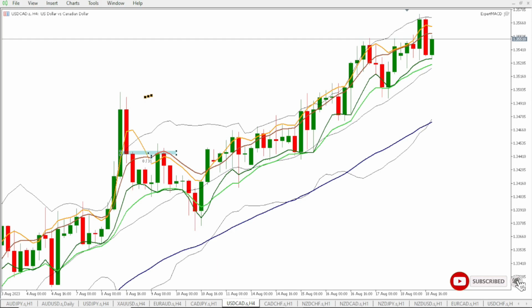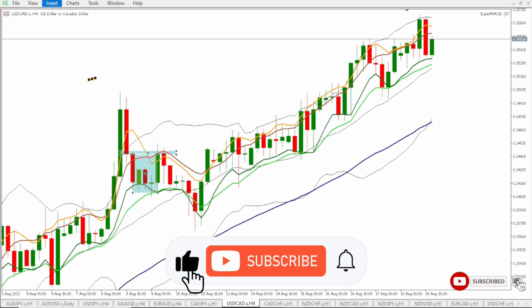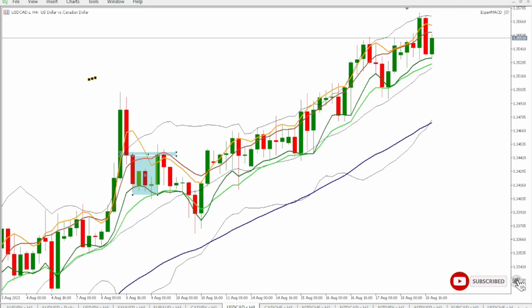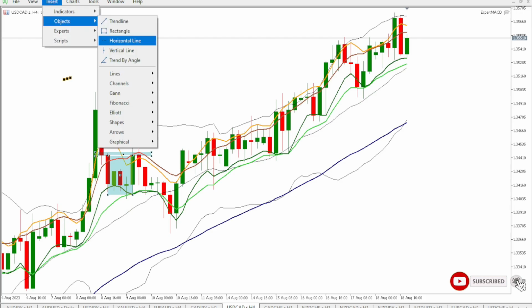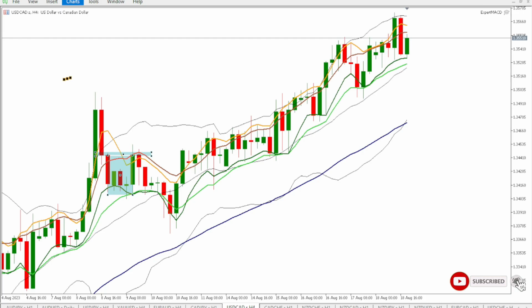Now let's head on to the re-entry in the BBMA strategy. Okay, so after our extreme sell, it's time for us to re-enter for the uptrend buyers. Right here we can see a re-entry.